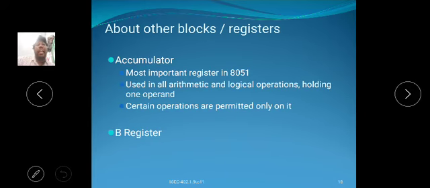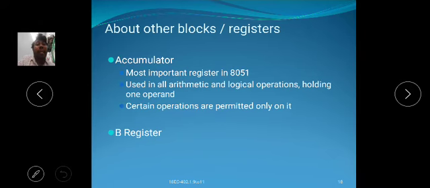Next, accumulator. The name itself, accum, means it holds or stores the data. The most important register in the 8051 is the accumulator, used in all the arithmetical and logical operations, holding one operand.